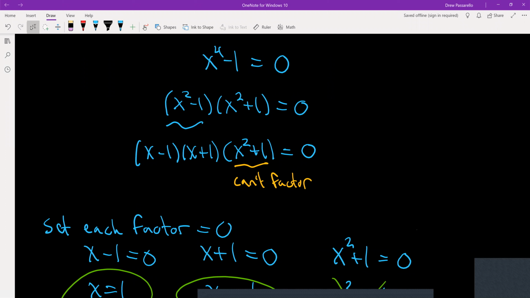Because of x to the 4th minus 1, you could think of that as x squared squared minus 1 squared. So it's a difference of squares. So that's why I factored in x squared minus 1 times x squared plus 1. But then the x squared minus 1 itself can be factored. So that's why I have x minus 1, x plus 1. But the x squared plus 1, there's no factoring formula for that.